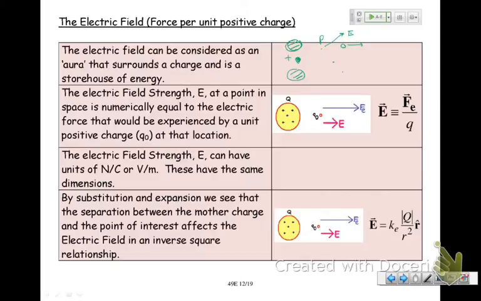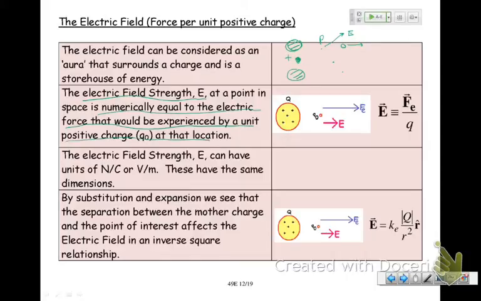So we invent this thing called electric field, and we say the electric field strength at a point in space, not a charge, but at a point in space, is numerically equal to the electric force that would have been experienced by a unit positive charge at that location.